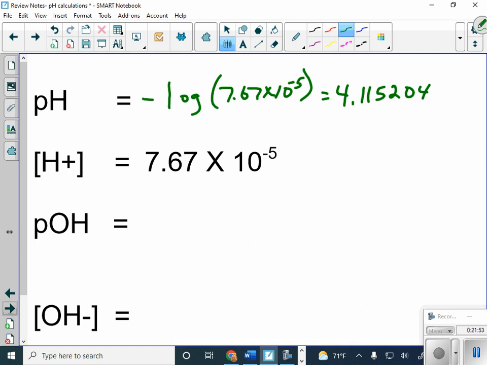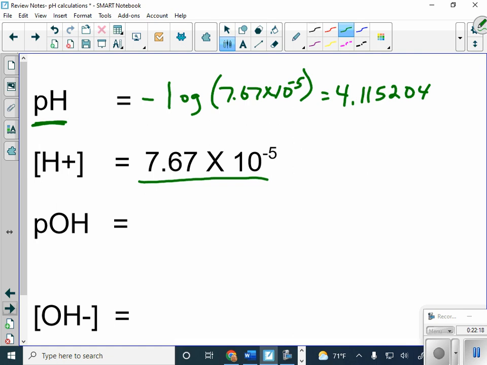Now, I go back and I look. How many sig figs do I have here? 3. Okay? So I need to have 3 sig figs up here, but this is pH. So pH is a logarithm. So what I need to do is have 3 sig figs here.